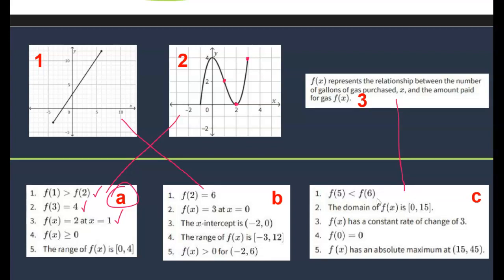Let's just look at 1 or 2 of these, make sure they make sense. F of x represents the relationship between the number of gallons of gas purchased, x, and the amount paid for gas, f of x. So we're talking filling up a car with gas. And you can think about, just in general, what that might look like. There's a certain amount you pay per gallon of gas.